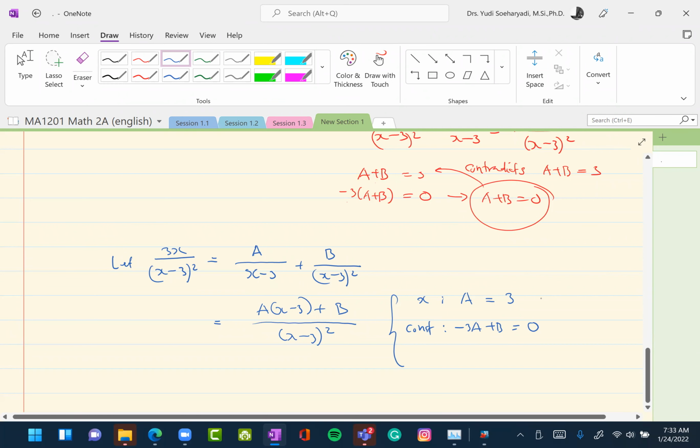If you solve this for b, a is 3, this is negative 9, you put it back here, so b equals 9.